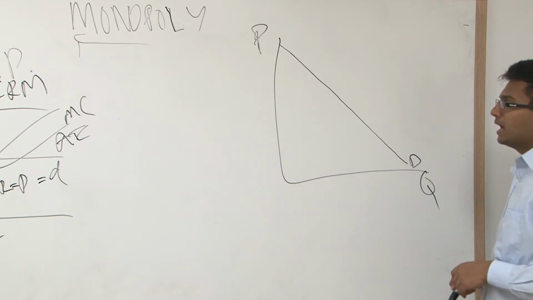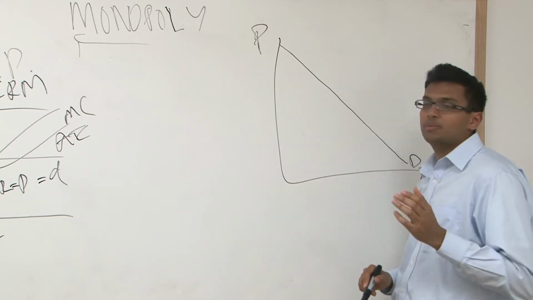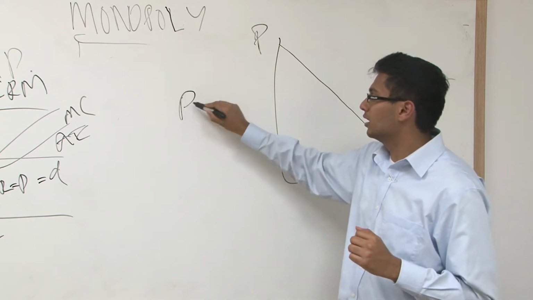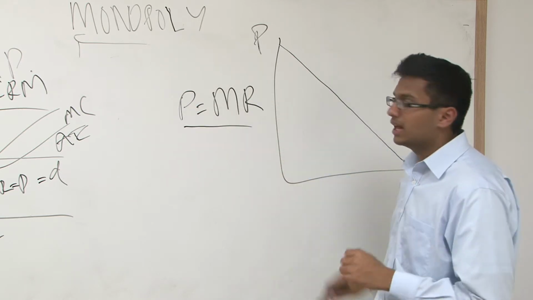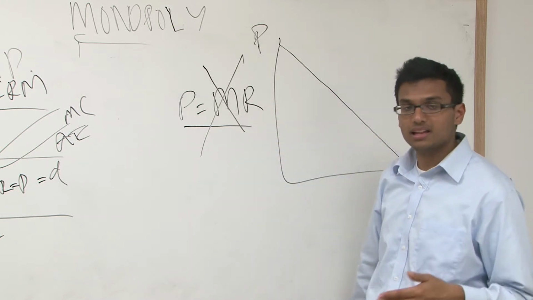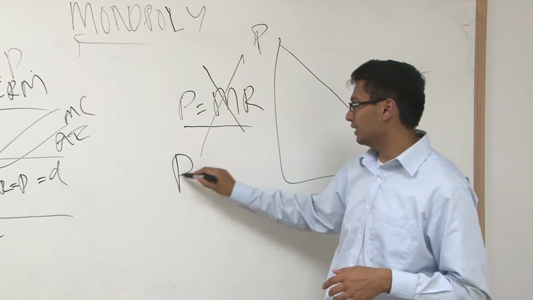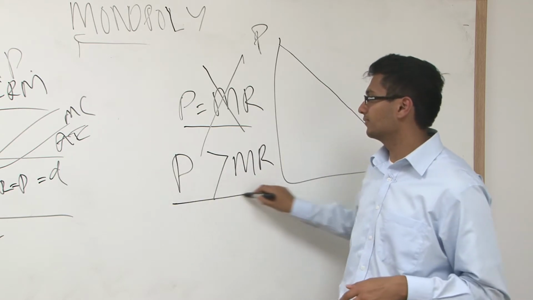That's demand. Now, if you guys remember from the last one, in a perfectly competitive market, we said the price was equivalent to the marginal revenue, right? In a monopoly, this is not true. In a monopoly, price is greater than marginal revenue.